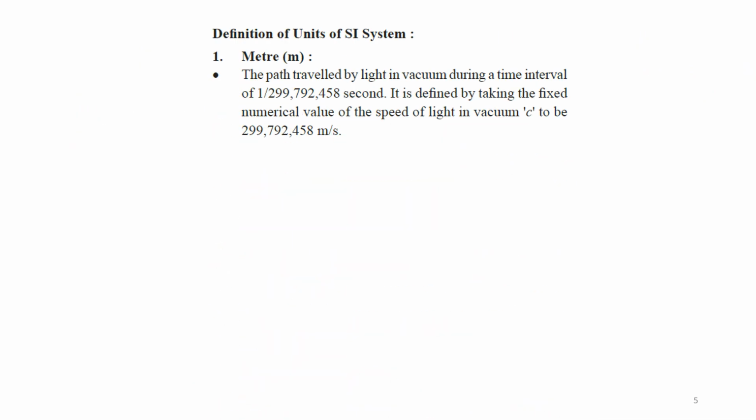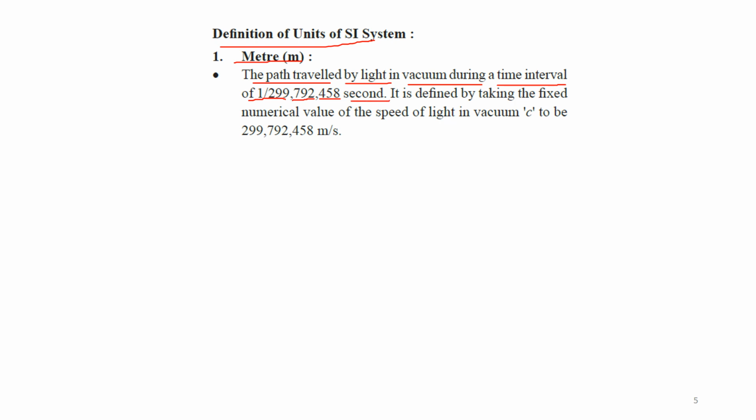Next, definition of units of the SI system. Now, we are talking about how the units in the SI system are defined. So first we'll see the meter. Meter: the path traveled by light in vacuum during a time interval of 1/299,792,458 second.